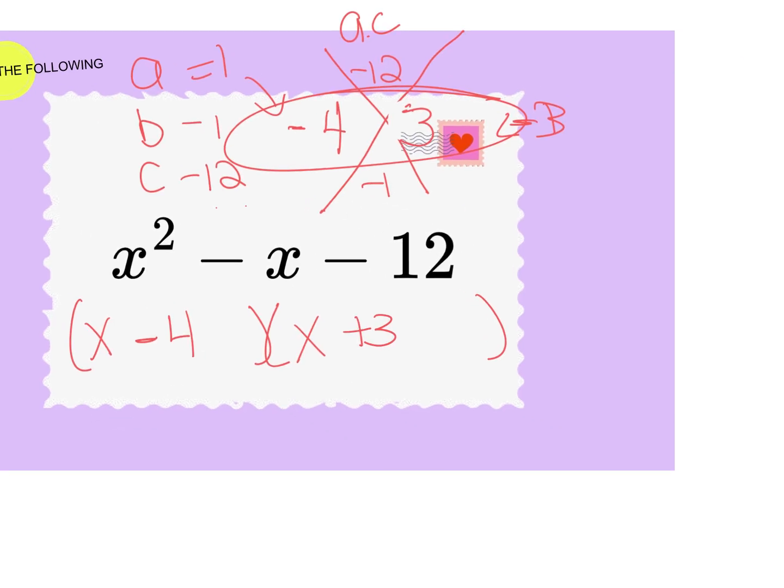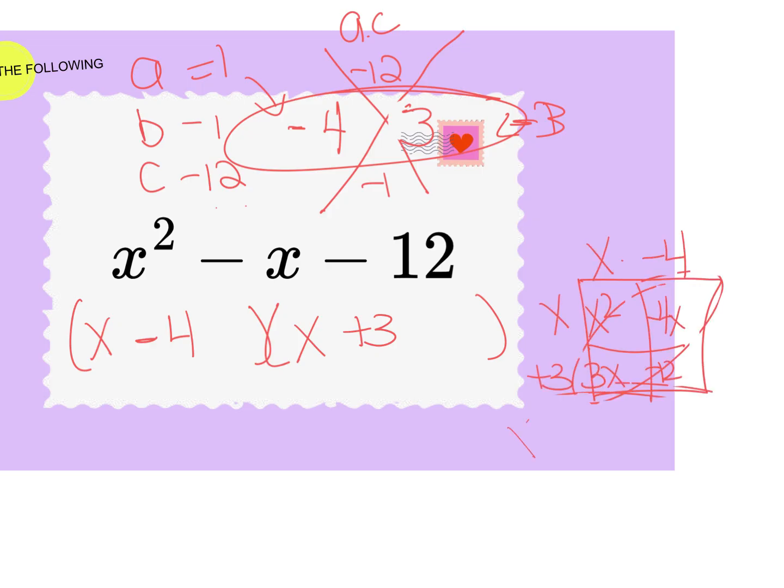And remember, we can check it by just multiplying it back in. x minus 4, x plus 3, so we're left with x squared minus 4x, 3x minus 12, and then pull it out of the box. x squared, I'm left with negative x, and I'm left with negative 12.